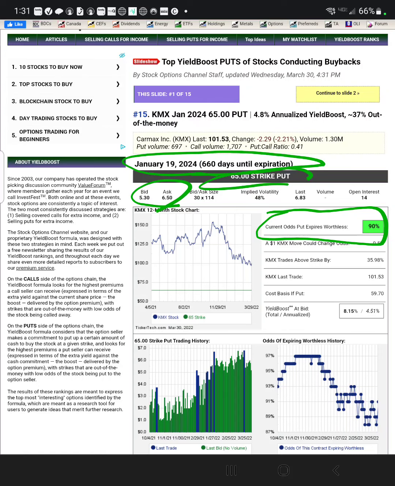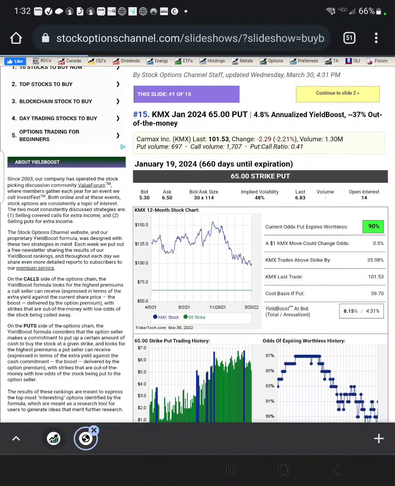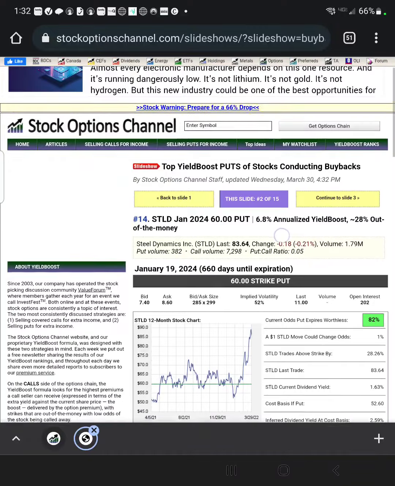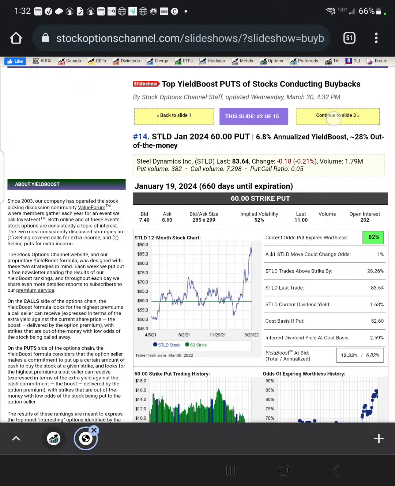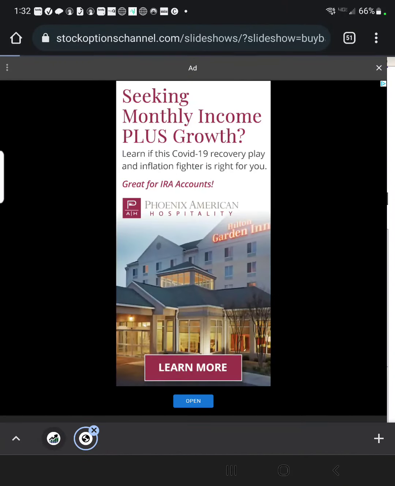So that's $530 per contract, between $530 and $650 a contract for that. And it's letting you know the trading history and the odds of it being worthless. So if you go through this slide deck, continue on, you can see there's more examples.